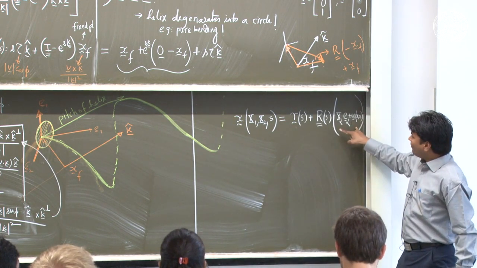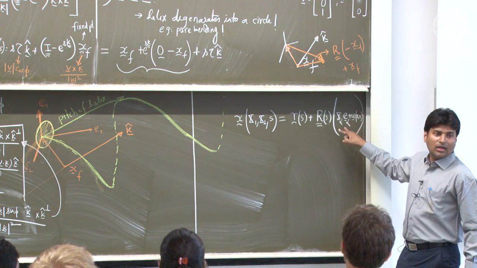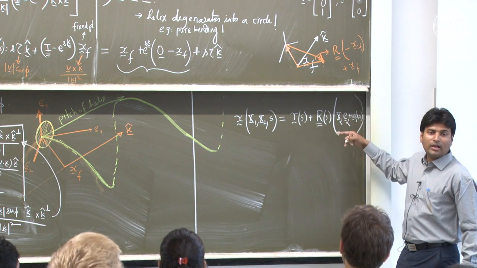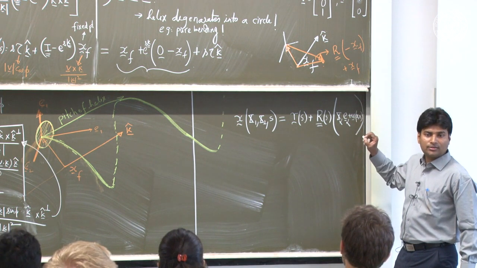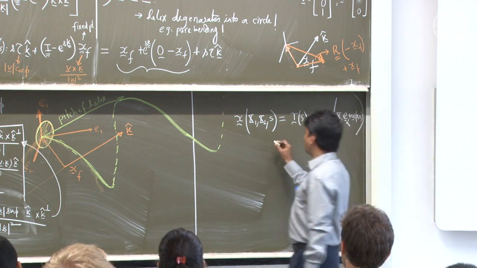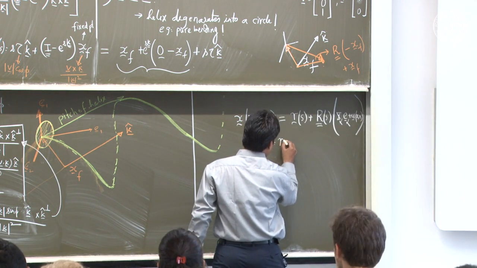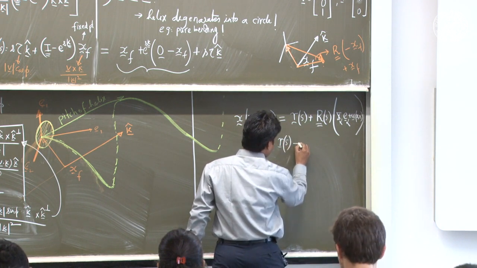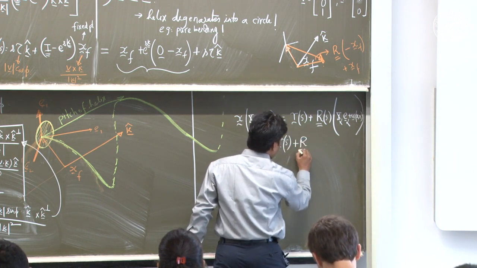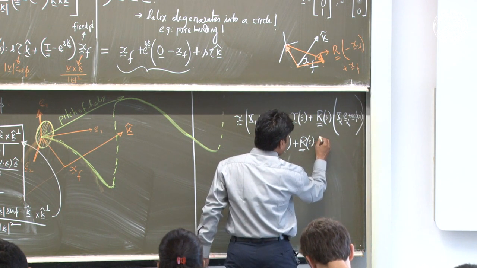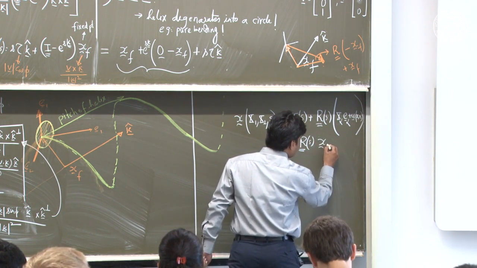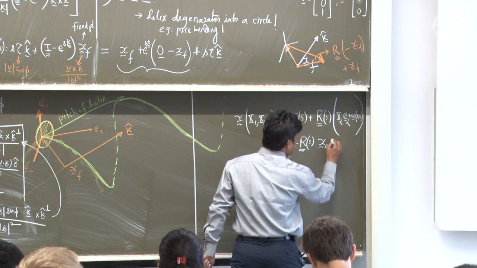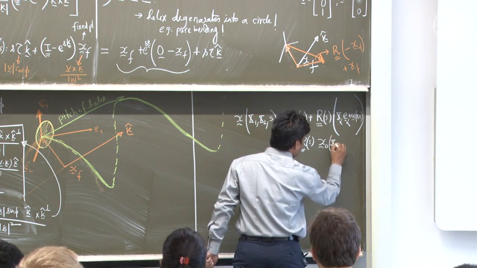You could also combine these two together and say it is some little x of cross section at x equal to 0. So you could also write this as little r of S plus big R of S times some little x of 0 cross section, which is only a function of x1 x2.